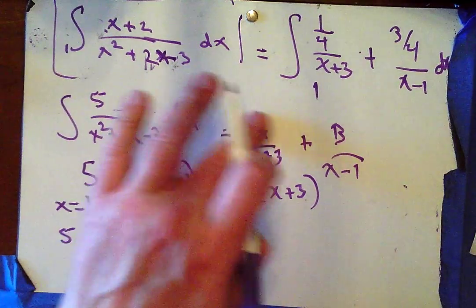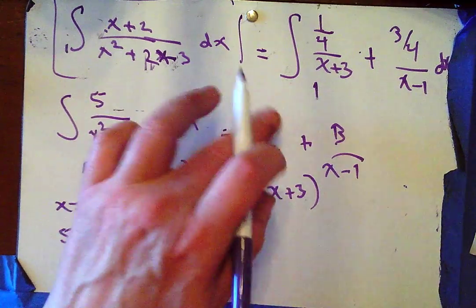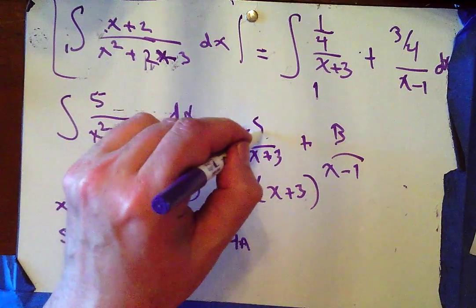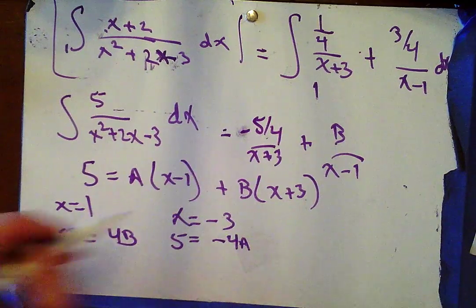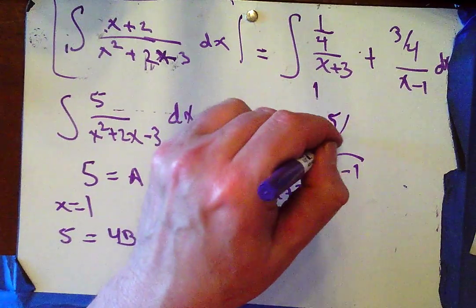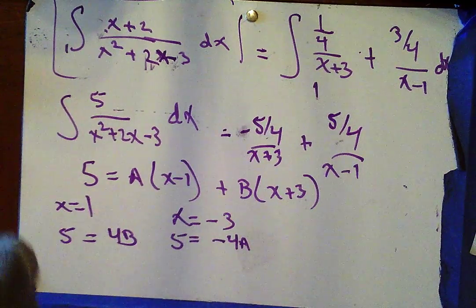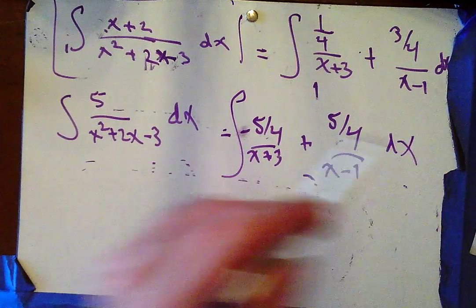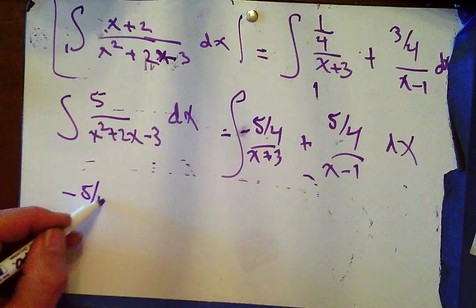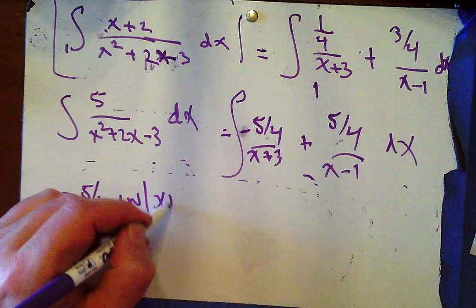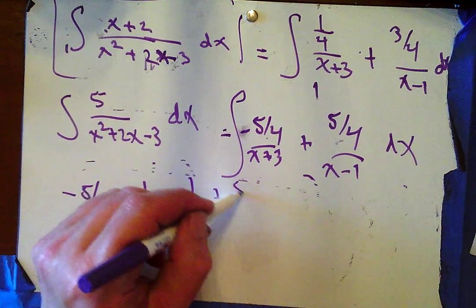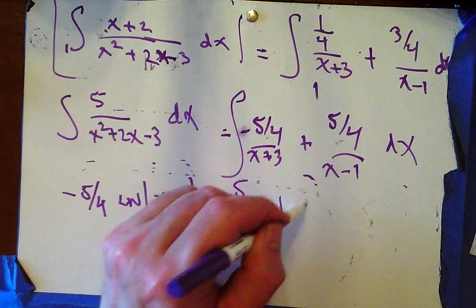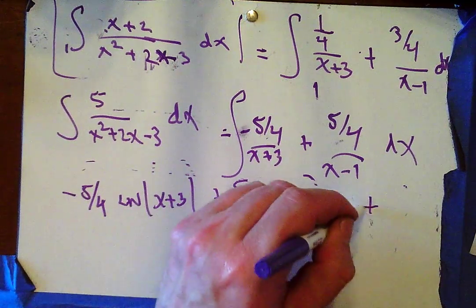And so now I can have negative 5/4 and here positive 5/4. So I'm ready to integrate. It's going to be negative 5/4 ln x plus 3 plus 5/4 ln x minus 1 plus c.